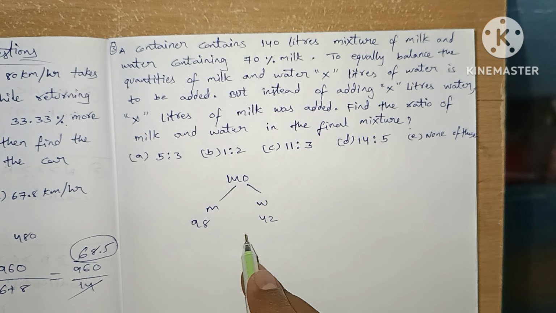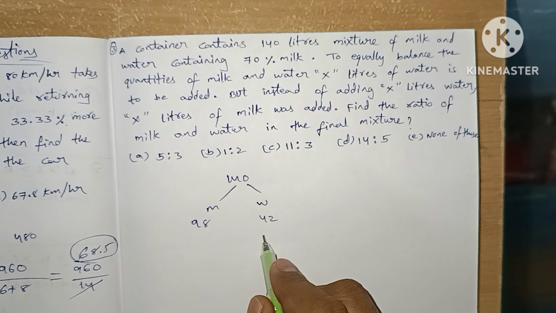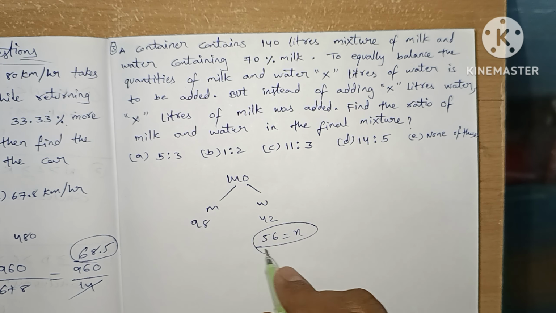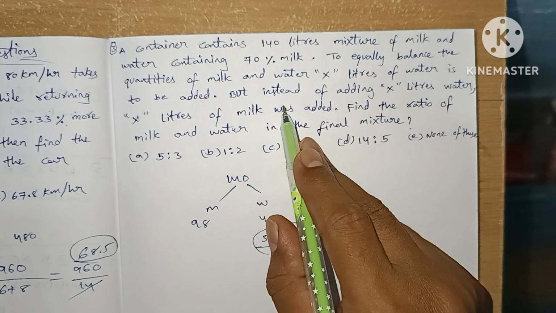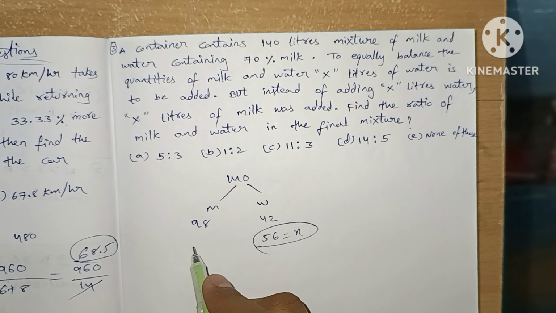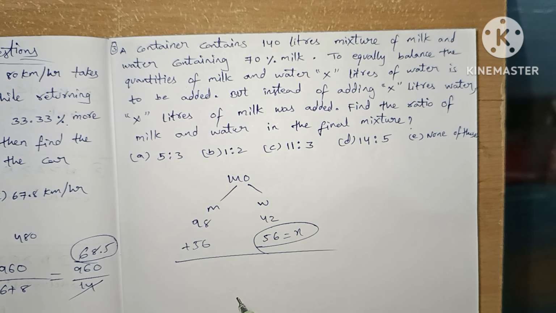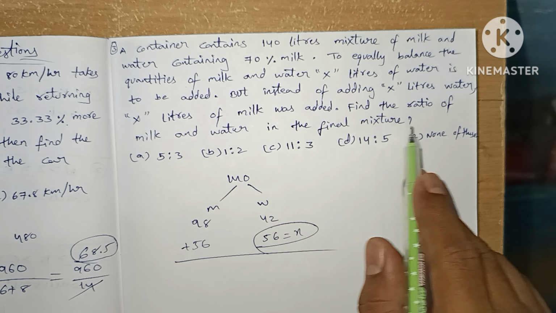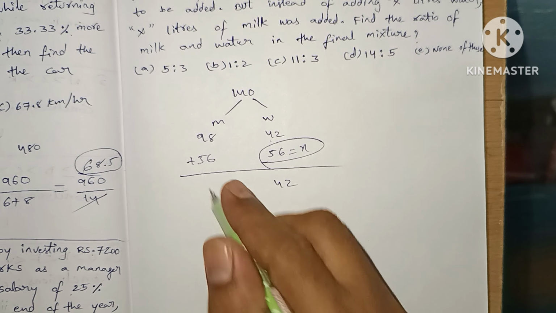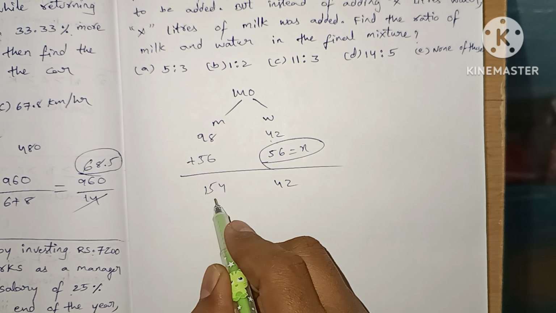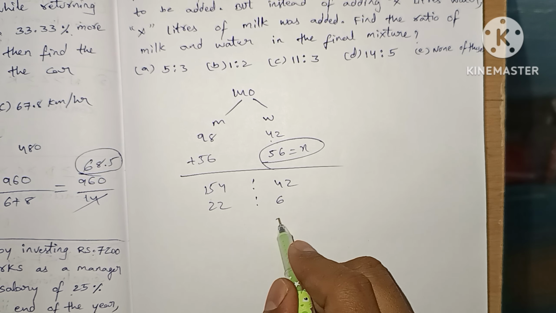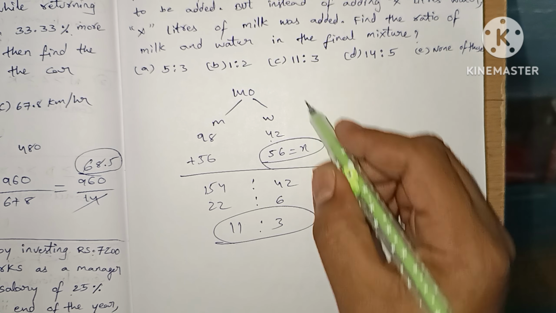To make them equal, we need to add 56, so this will be X. But instead of adding X liters of water, X liters of milk was added, so 56 liters of milk was added. Find the ratio of the milk and water in the final mixture. The water remains 42, and the milk is 154. 14 times 11 and 14 times 3, so the ratio is 11 is to 3. Our answer is option C.